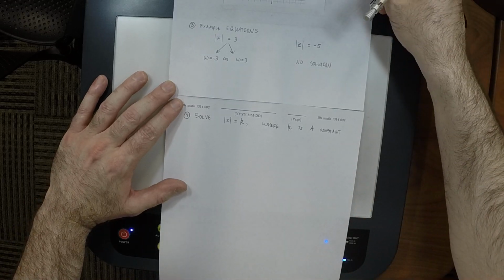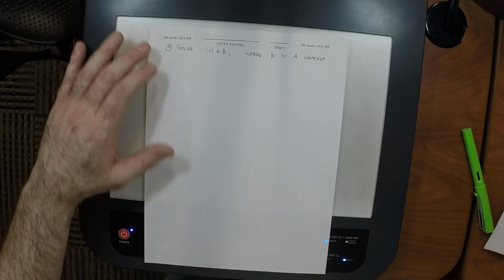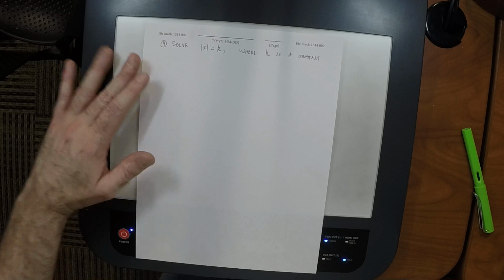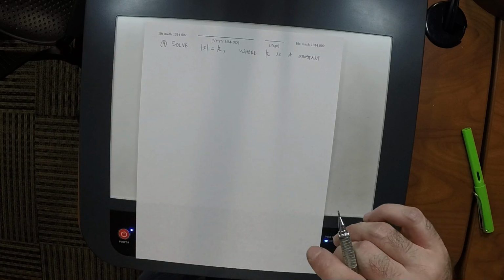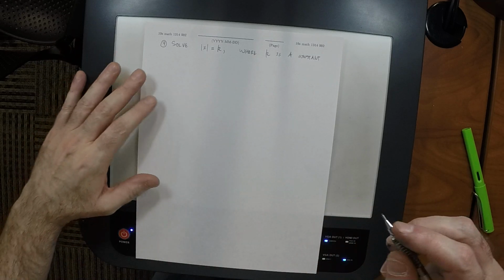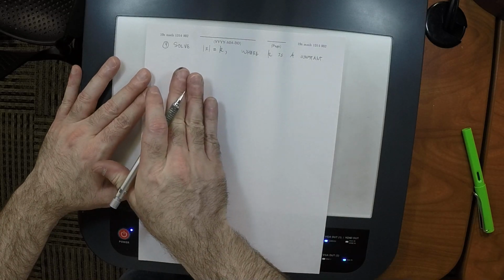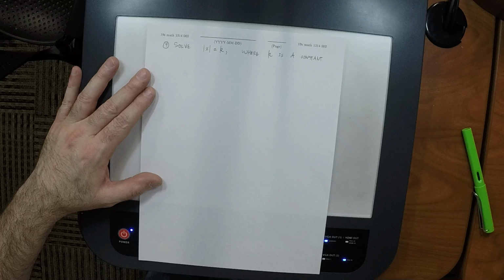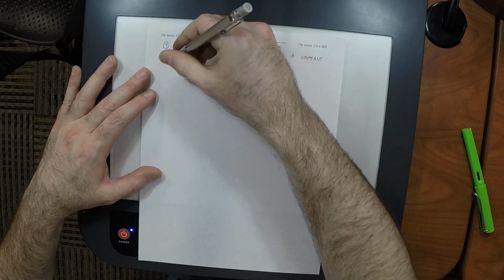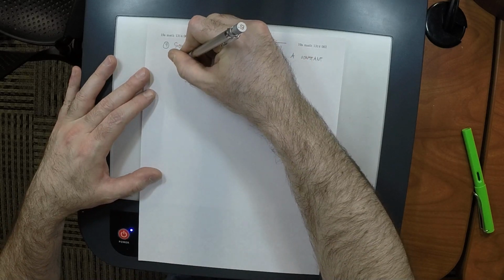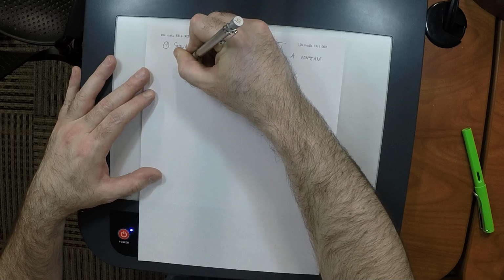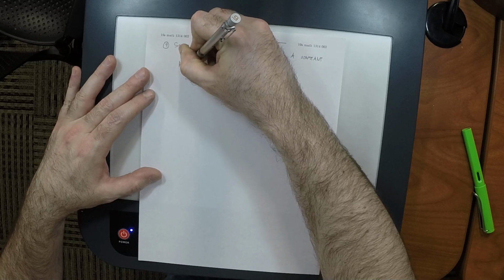Then there are going to be exactly 3 possibilities. I'm going to do it in columns: column, column, column, like that. So one possibility is that k is a negative number. So k could be negative.